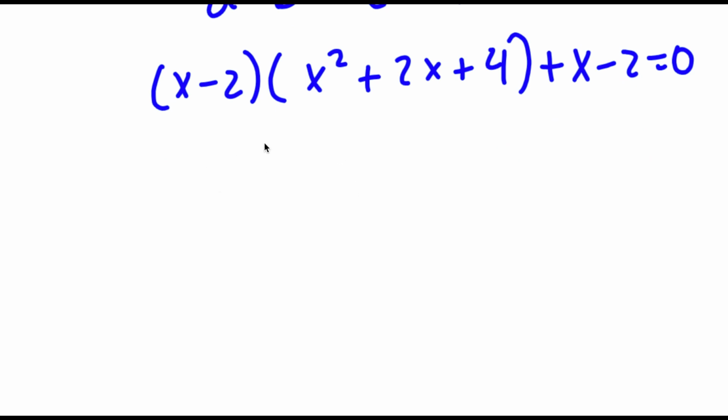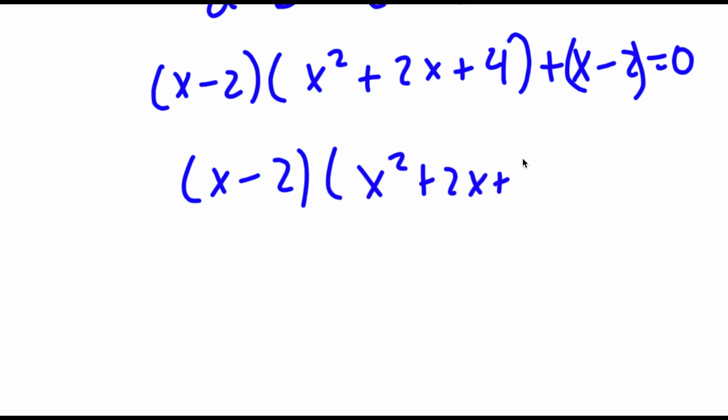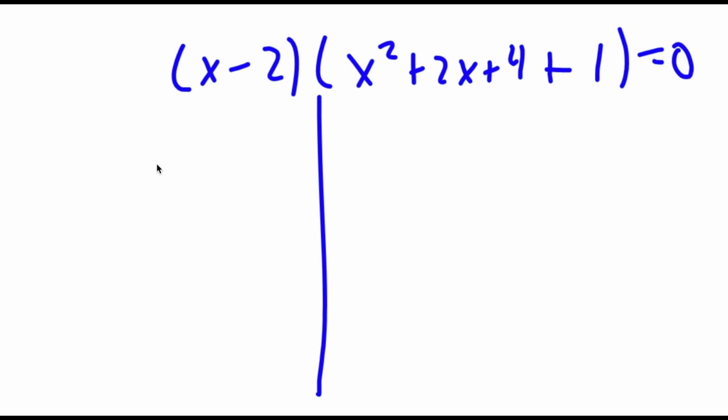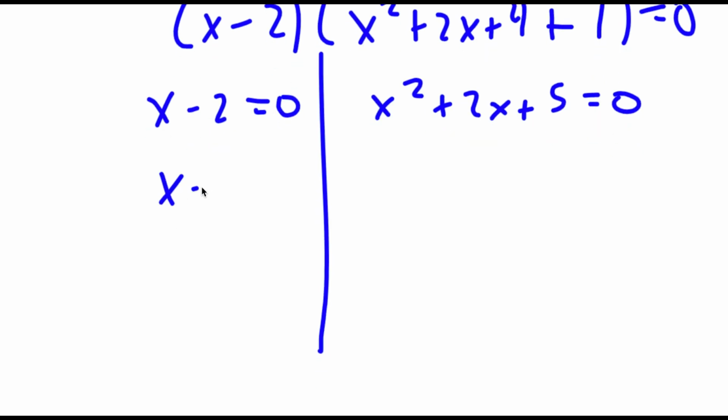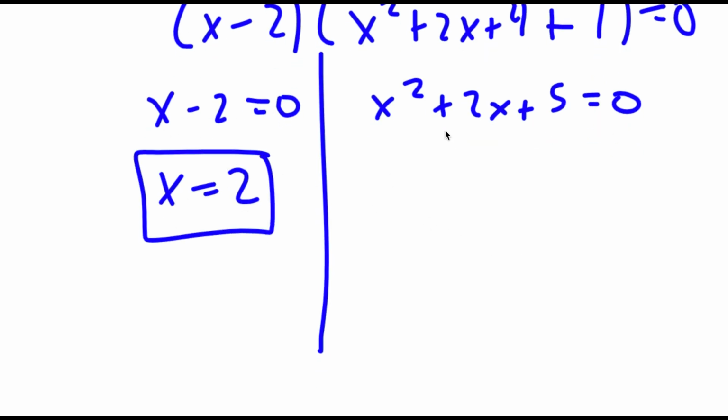So now if I factor out x minus 2, I get x minus 2 times x squared plus 2x plus 4 plus 1 is equal to 0. Now I have x minus 2 is equal to 0, and I have x squared plus 2x plus 5 is equal to 0. So for x minus 2 equals 0, x is obviously equal to 2, so that's one solution.